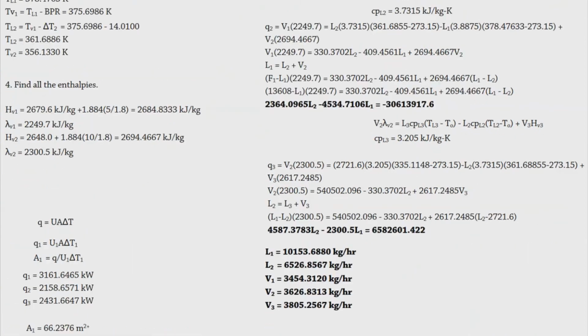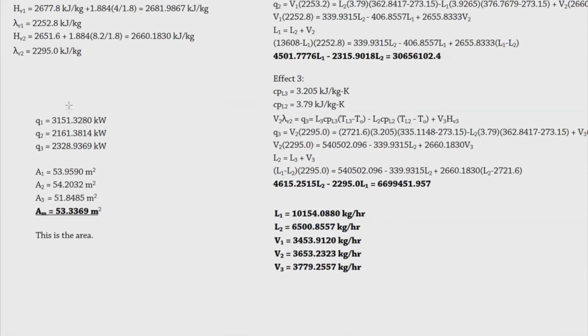So steam consumption is quite easy to determine. If we have Q1, we know that this is also equal to S times lambda S. Actually, that's not lambda S, but HS minus small h, which we already obtained.